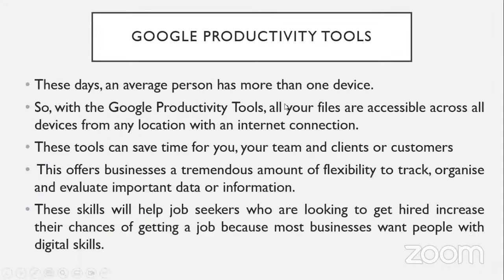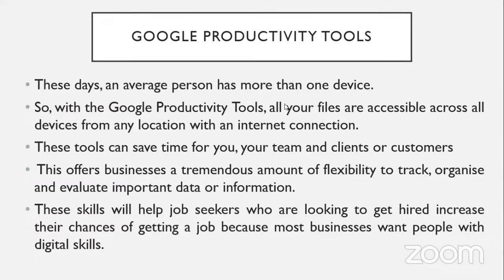These days, an average person has more than one device. Even most of you here do not only have a phone. You may have a phone and a computer, or you may have two phones. This is an average person in modern society.